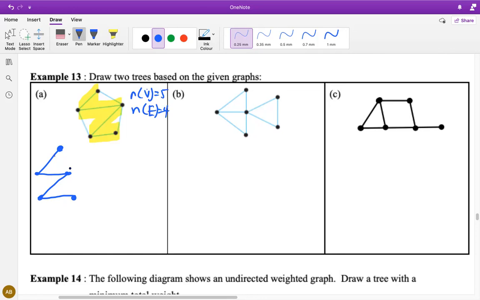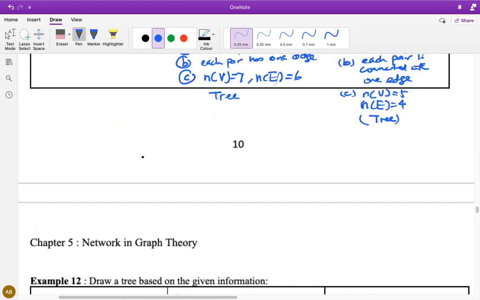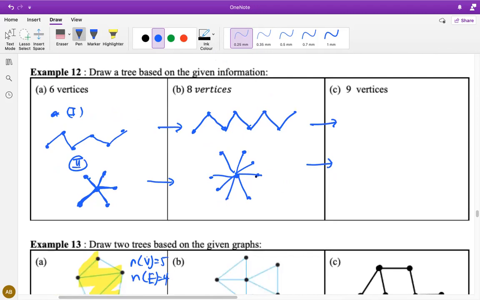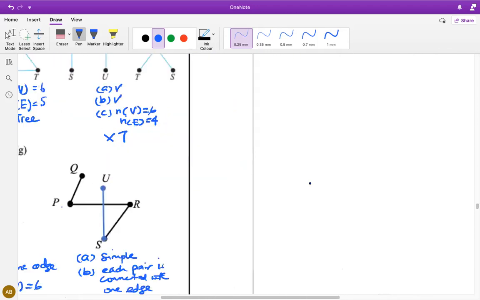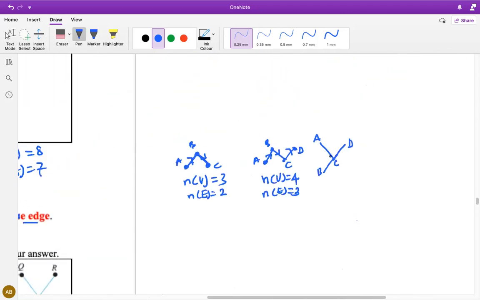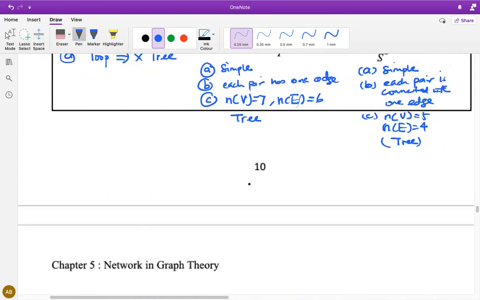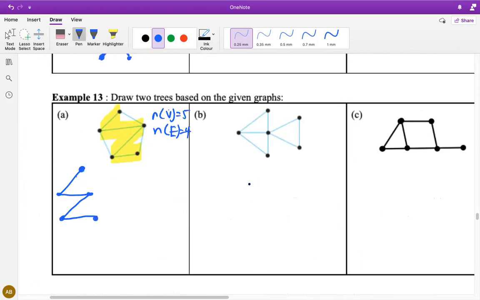So the other one, how can it be? All right. So the other one will be using this one. Or like just now where I drew, like this also. 1, 2, 3, 4. Therefore, there's one in the middle as the connector for the rest of the places.